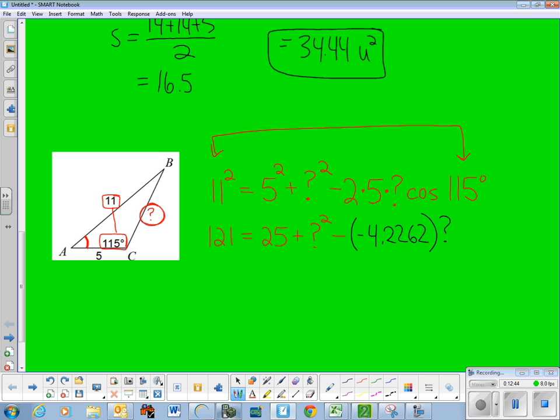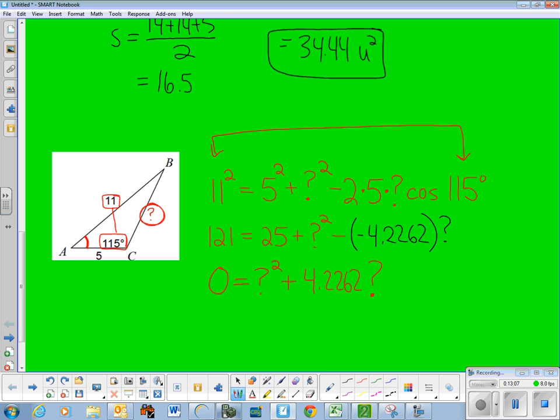All right, so I know that's not the prettiest, but what we have formed here is a quadratic equation. All right, let's move everything to one side. I'm going to move everything over to the right. I've got question mark squared, and then I have negative 4.226 times question mark, so that's plus 4.2262.